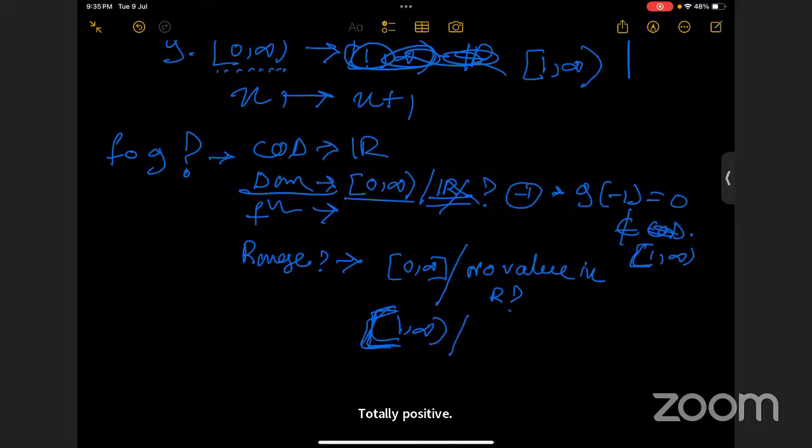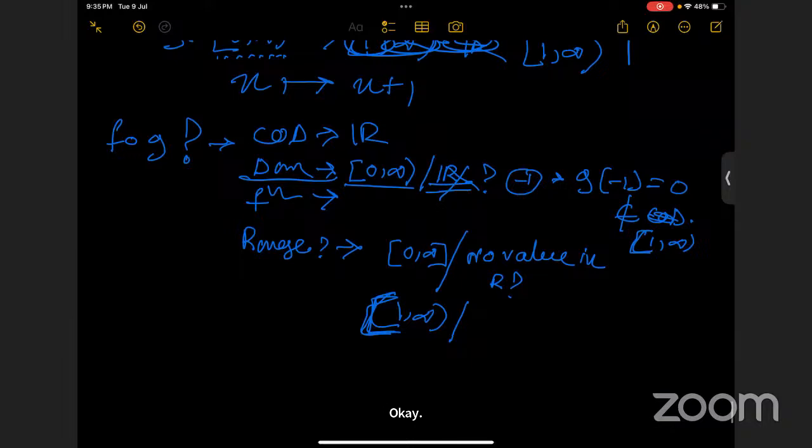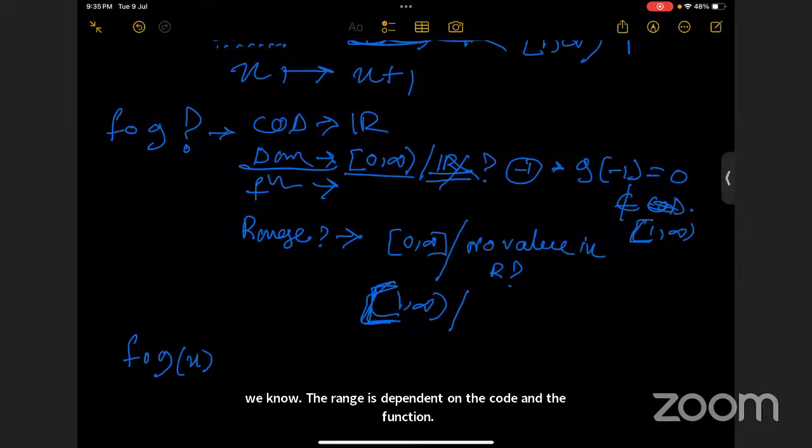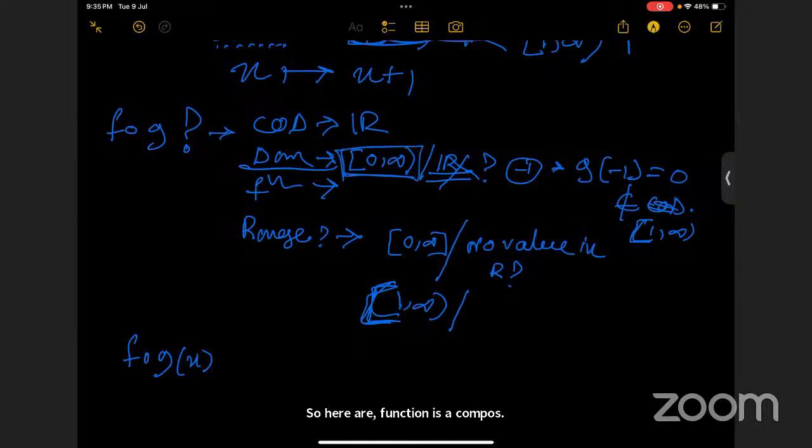Okay, let's now calculate the range. So the function is f compose g. What we know is the range depends on the codomain and the function. So here our function is f compose g and our codomain is 0 to infinity.